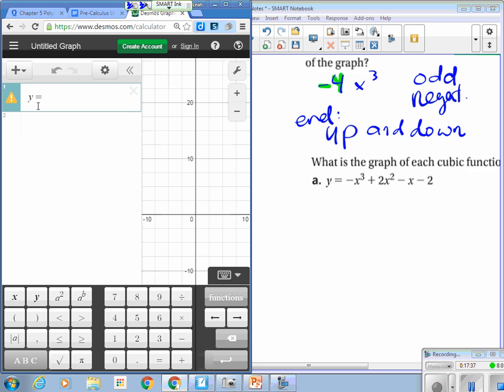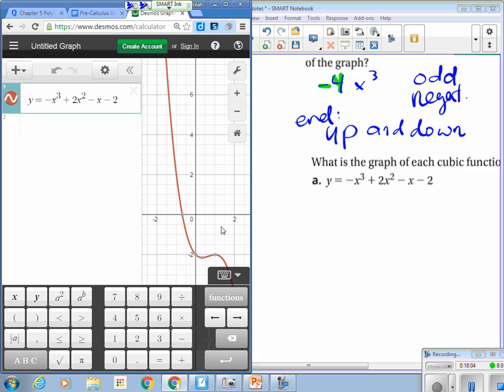We already know that the end behavior is up and down, but now I want to use the graphing utility to find the turning points. Negative x cubed plus 2x squared minus x minus 2.